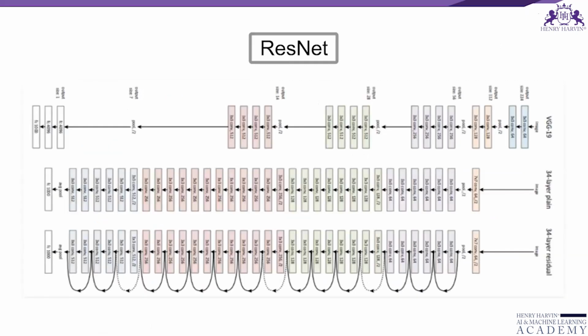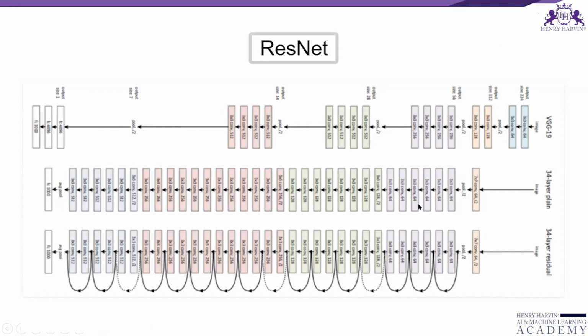Here we have a visualization for the 34 layer: VGGNet, 34 layer plain, and 34 layer residual, and this is a very popular network. Here we simply have a visualization of a 34 layer deep network where we have a lot of convolution layers of size 3 cross 3.